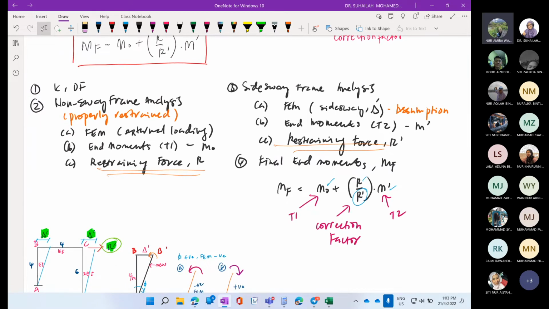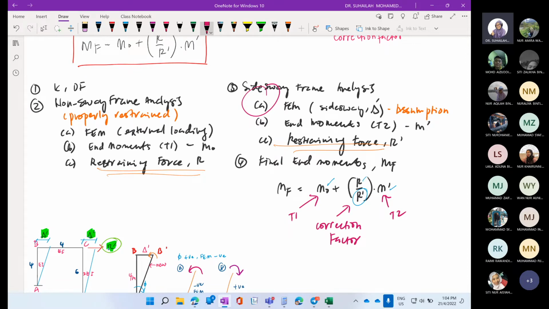So far, no, doctor. Okay, so it is actually what is called moment distribution method, frame with sidesway analysis. The most difficult part is actually under step 3A, where you need to calculate FEM, to assume FEM and then calculate FEM for another column or other members based on what you have assumed.